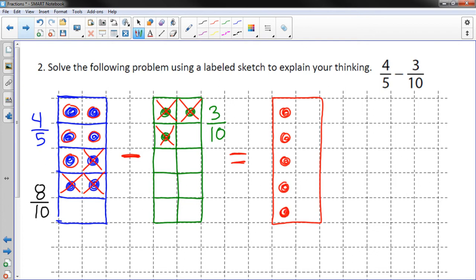I rearranged them for a reason. Do you know why? It's visually easier to see that my answer is half. So my answer is half. You could also say that your answer is 5/10. They're equivalent fractions to each other.